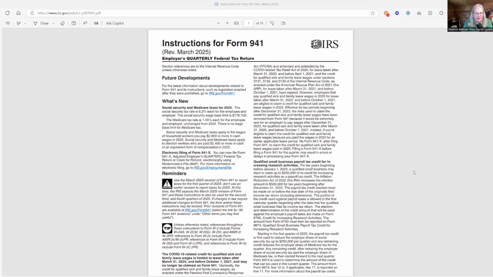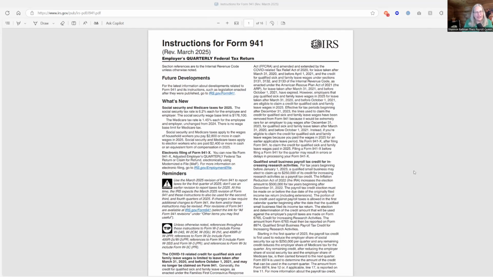And the last part of this what's new is the reminder. So you have to use the 2025 March revision of the 941 to report taxes for at least the first quarter of 2025. You do not want to use an earlier version to report taxes for 2025, because the prior revision is actually to report 2024 wages or earlier.